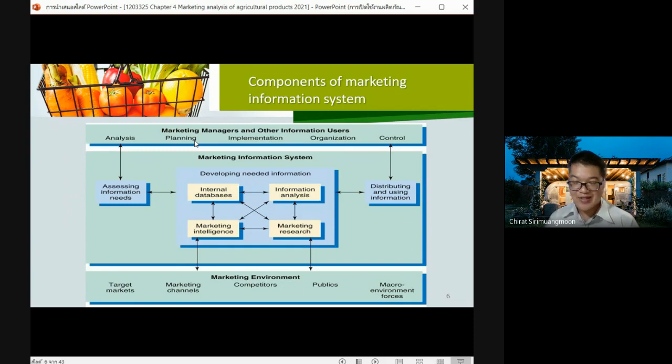And then it's linked to the second major component, which is the marketing information system. So you will see four subunits, in this light yellow color. You're going to have the internal database, information analysis, marketing research, and also marketing intelligence.